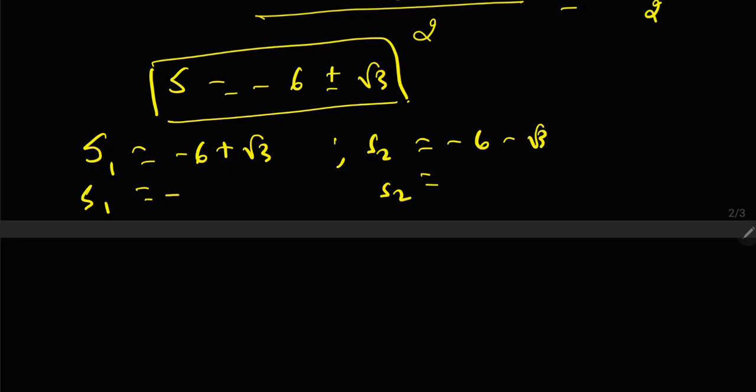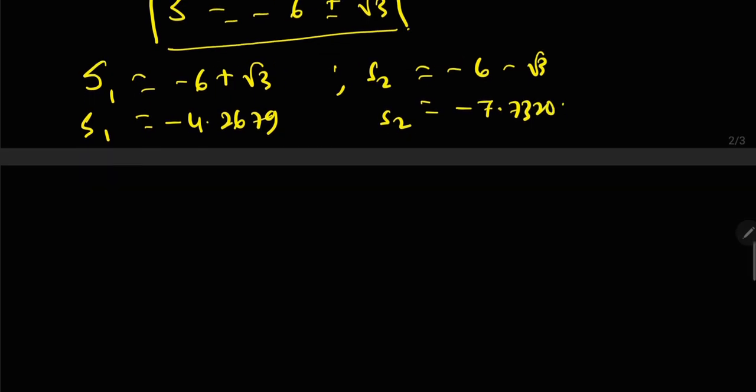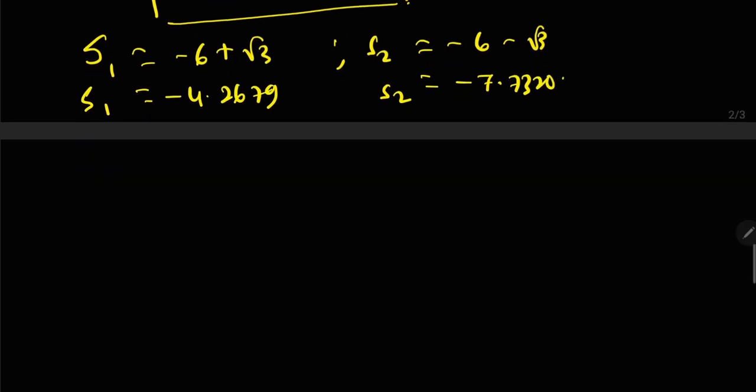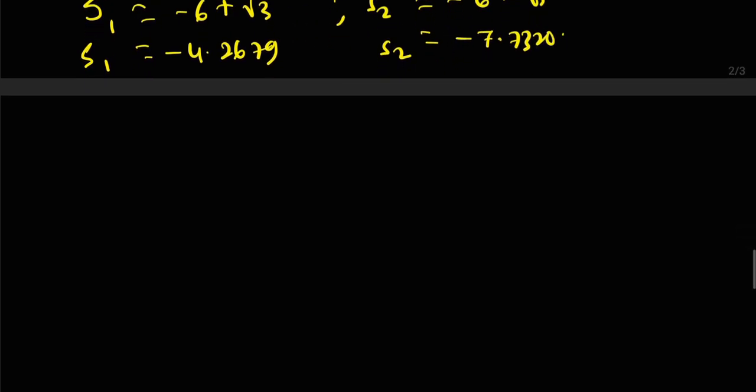This is minus 4.2679 and minus 6 minus root 3 will be minus 7.7320. Okay, so check whether this is a valid point or not.